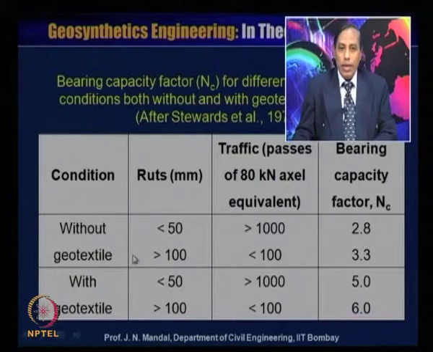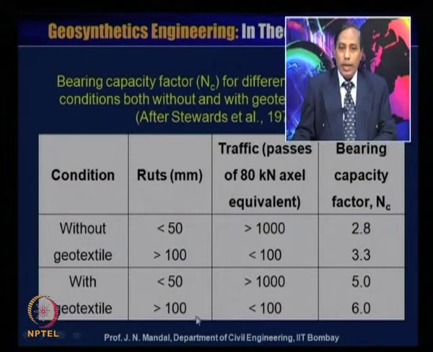When the rut is greater than 100 millimeter, but traffic number less than 100, then the bearing capacity factor Nc is equal to 3.3. And with geotextile, if the rut is less than 50 millimeter and traffic is greater than 1000, then bearing capacity factor Nc value is 5.